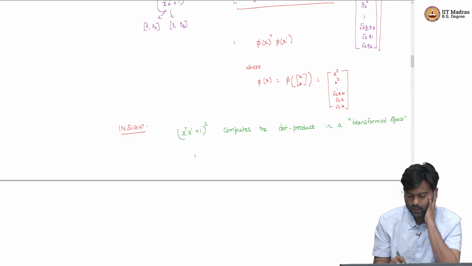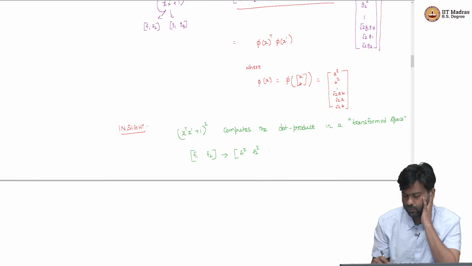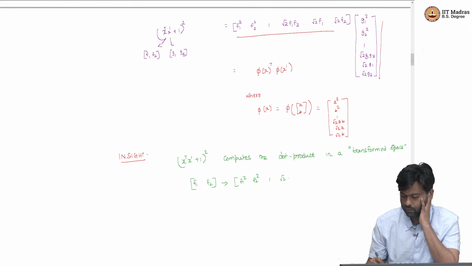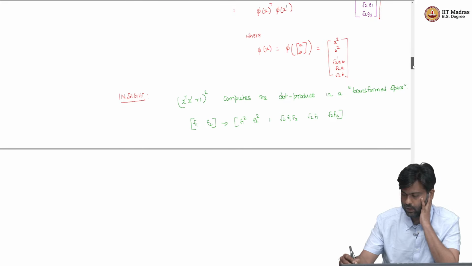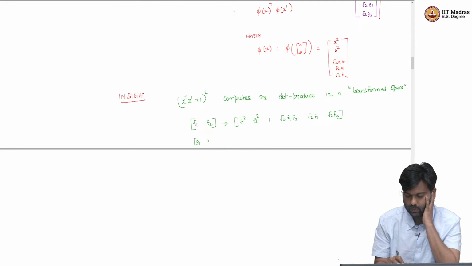where f1 f2 get mapped to f1 squared, f2 squared, 1, square root of 2 f1 f2, square root of 2 f1, square root of 2 f2, and similarly g1 g2 gets mapped to g1 squared, g2 squared, 1, square root of 2 g1 g2, square root of 2 g1, square root of 2 g2.